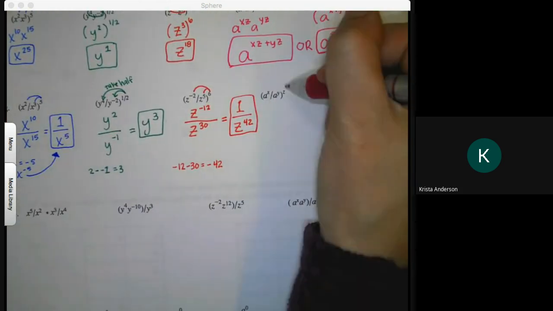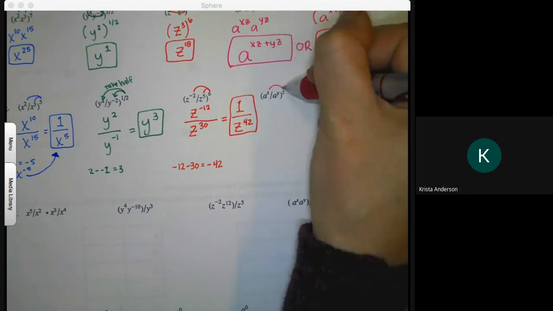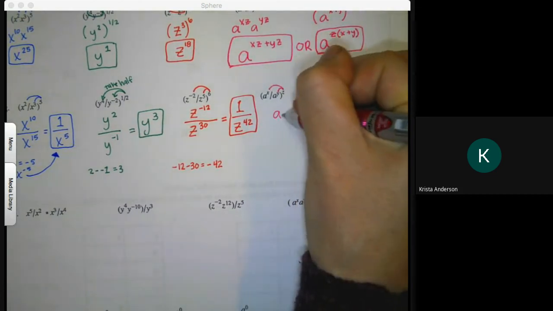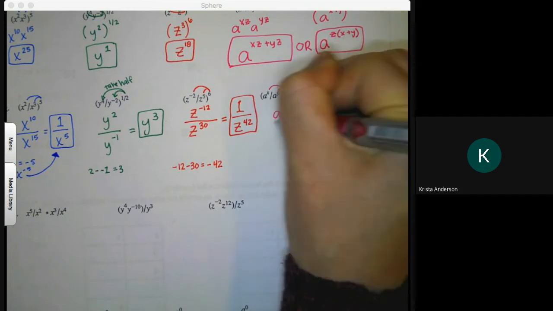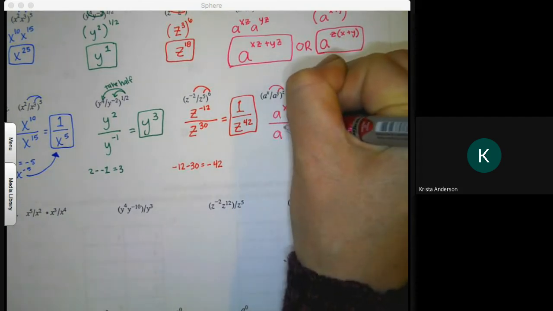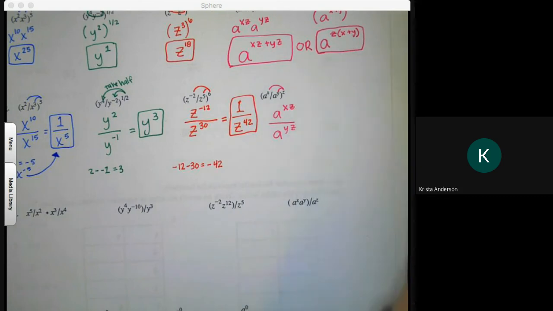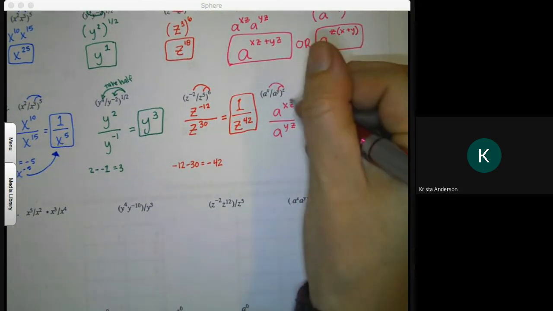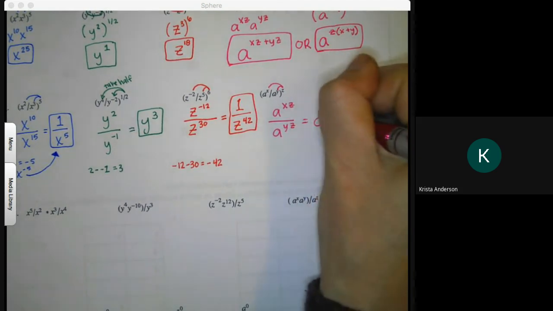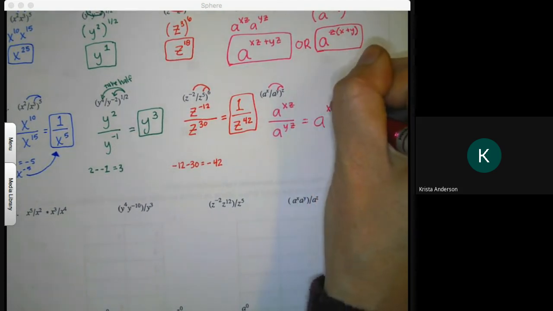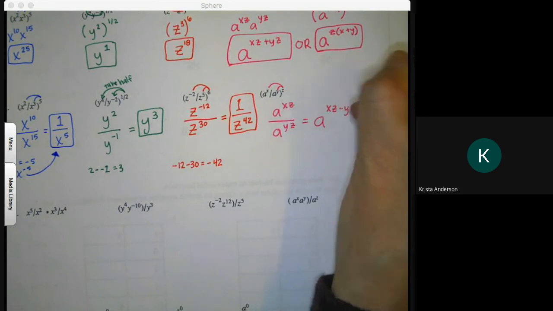I'm going to distribute ax times z over a yz. I would subtract the top minus the bottom.